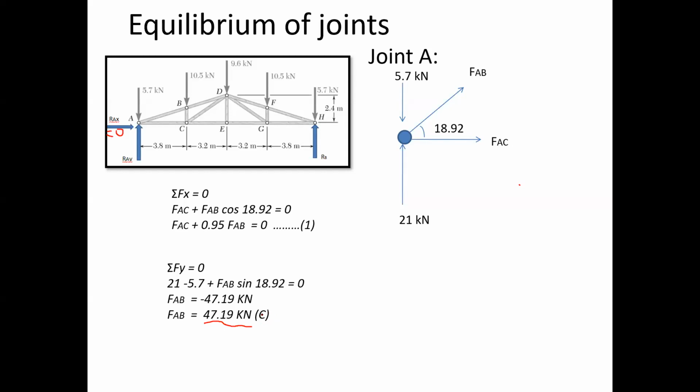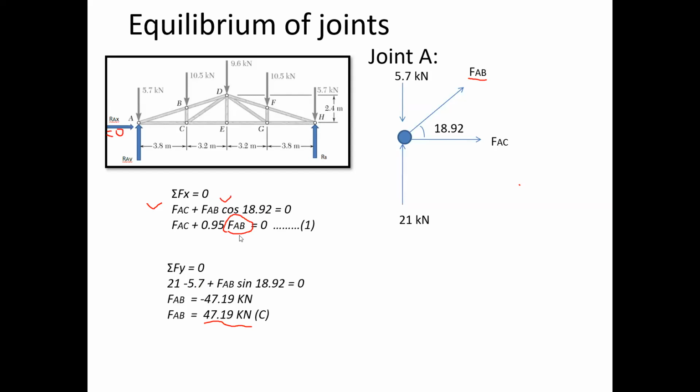Now when we get FAB as minus 47.19 kilonewton, and put this value in equation number 1, we have to put the value of FAB as minus. Why should we put the minus sign? The reason is that when we derived this equation summation Fx equals 0, FAB was assumed tensile. Either you correct this equation or you just put the minus sign. So we simply put FAB as minus 47.19 kilonewton.